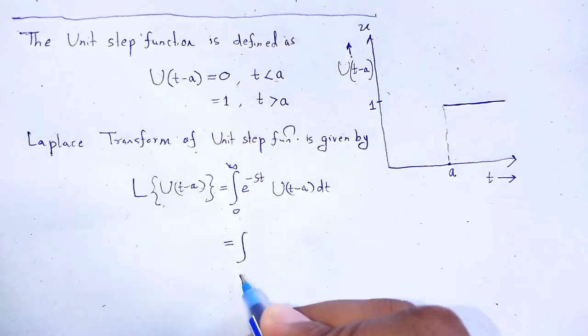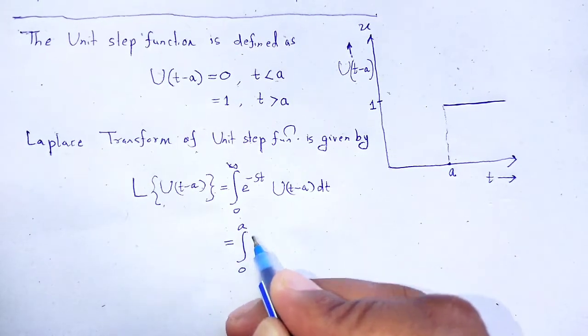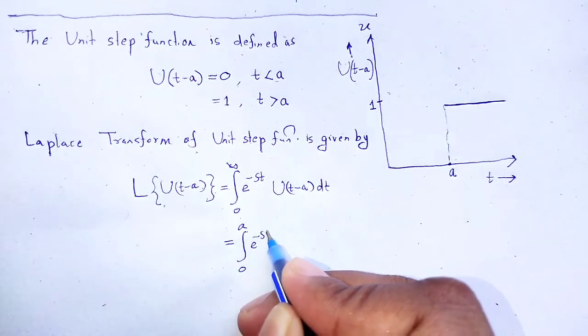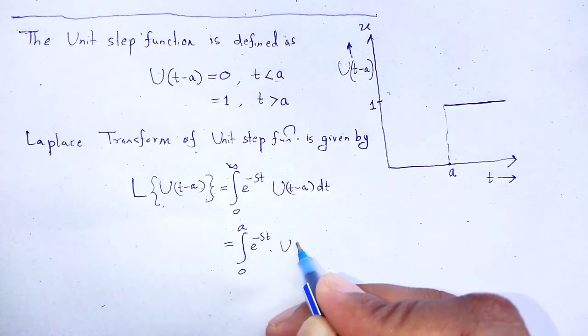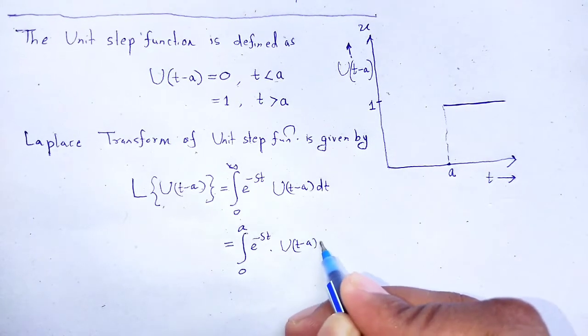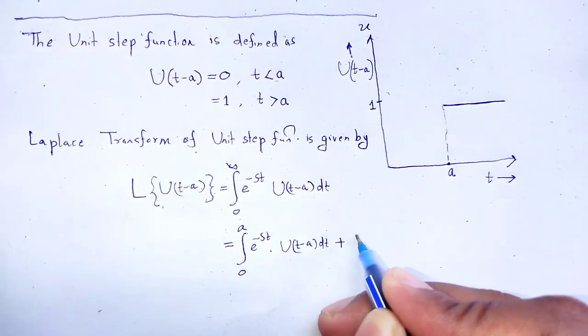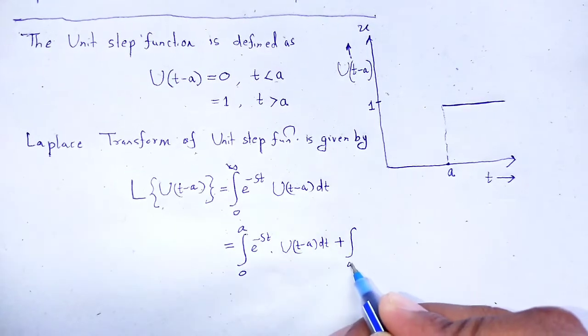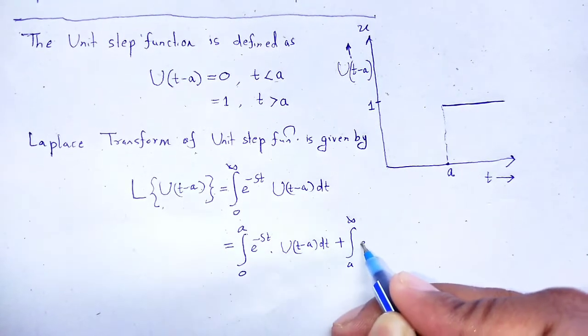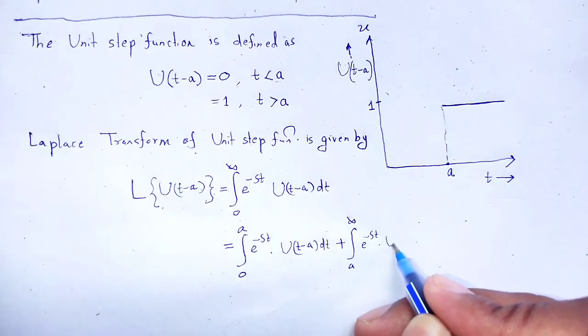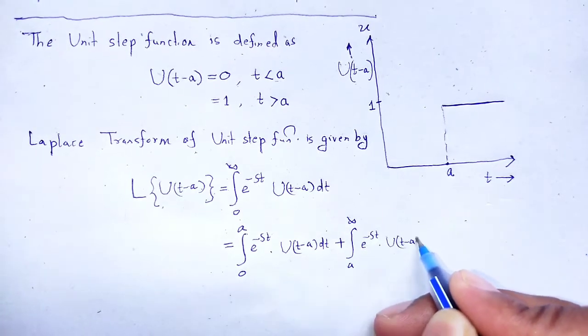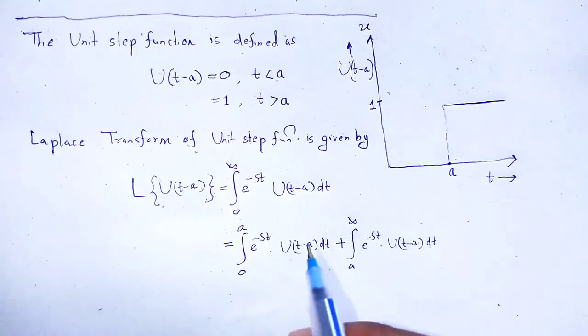So, the limit from 0 to a e to the power minus st u of t minus a dt plus limit from a to infinity e to the power minus st u of t minus a dt.